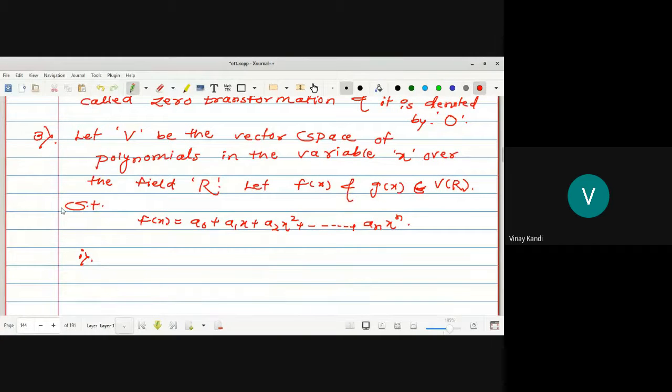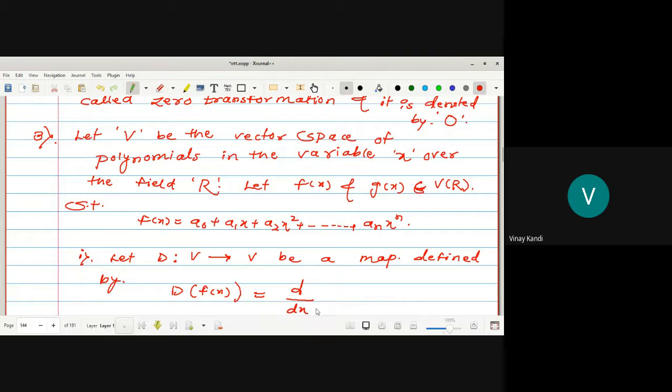Now, the sub-part of this third example. Let D be a map from V to V defined by D of f of x is equal to d by dx of f of x.